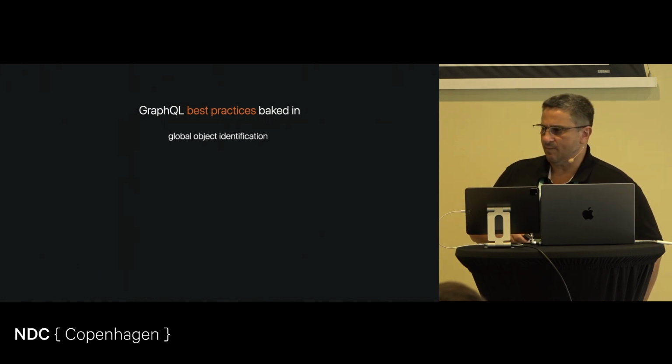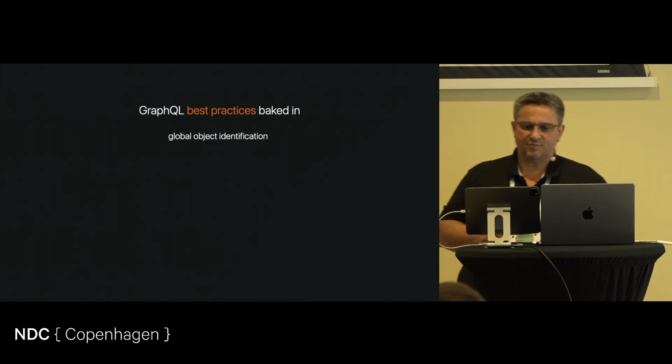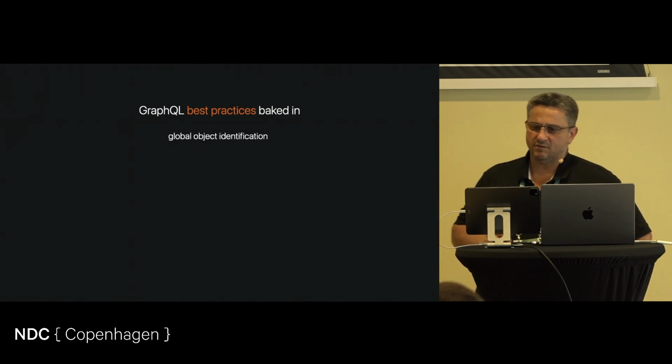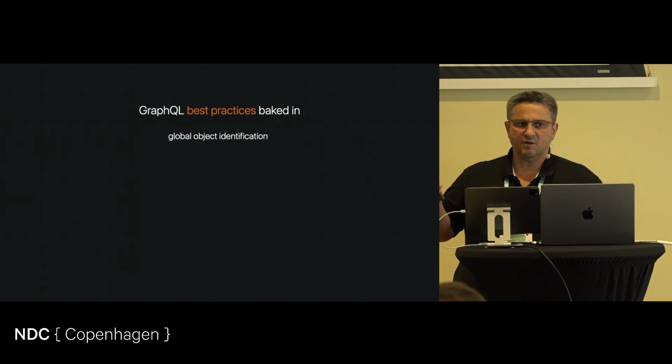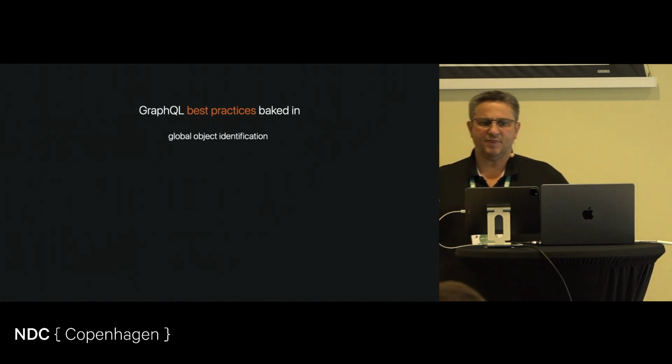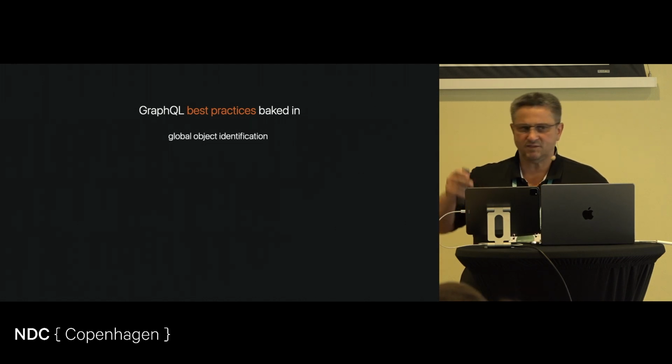This is something very specific for Relay. We have these kinds of unique IDs that provide a way for caching the data and also for refetching the data. Okay, these are necessary to be there. When we receive data from the server, we use those global IDs to normalize the data.